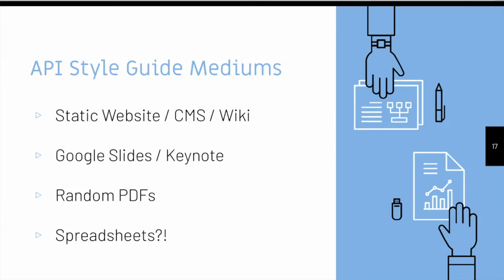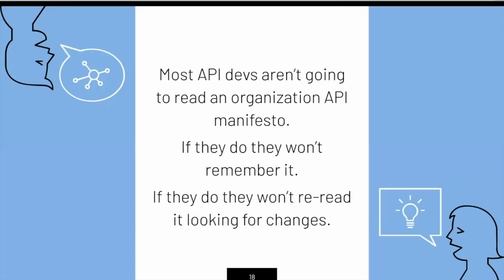I've seen it all, and they're all a bit rubbish, because however you make your API style guide, it's good to have it written down somewhere, but the chances of every single developer reading through your entire manifesto is quite slim. And even if they do, they won't remember it for a year, and they probably don't want to keep rereading it, so they have to keep coming back to it, which takes a lot of time.